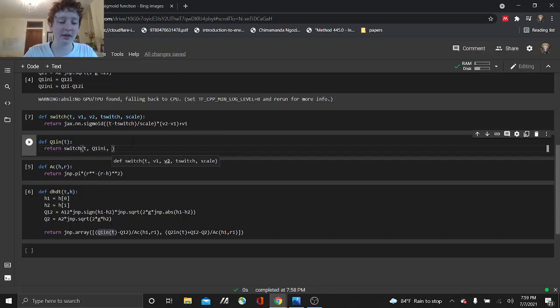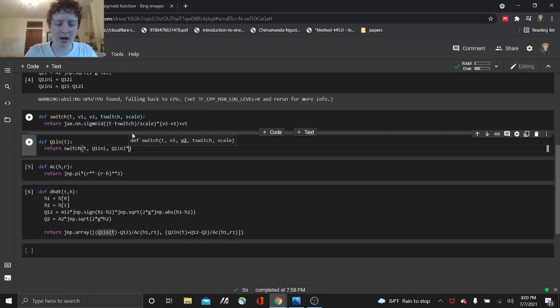So that is going to be equal to Q1N initial multiplied by 0.8. The time that this happens is at 100 seconds, and our scale is 1.